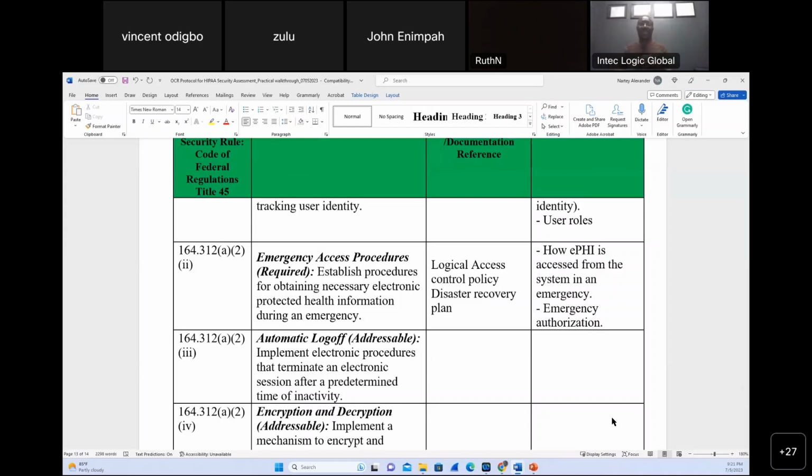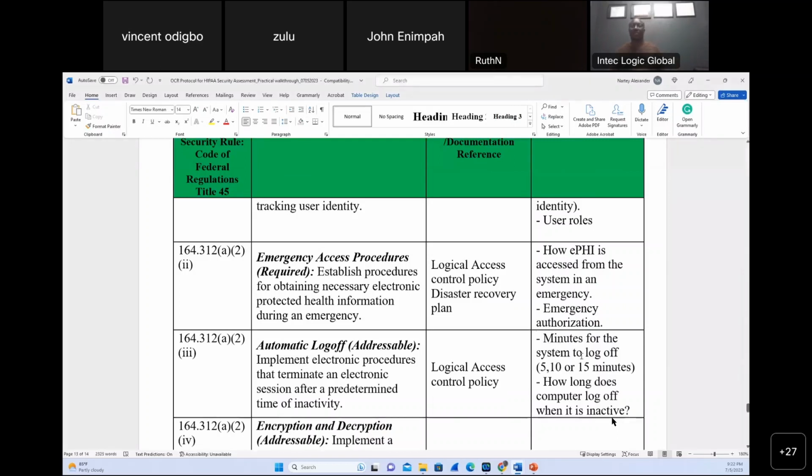No. Right? So the document that we can refer to can be the same logical access policy or access control policy, right? And you want to check within that covered entity how many minutes have they set their system to automatically go off.